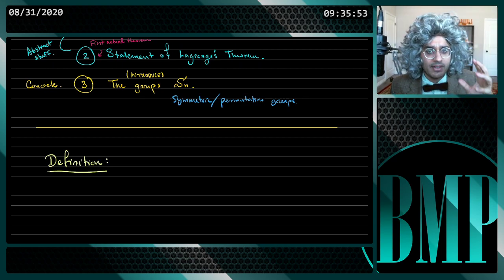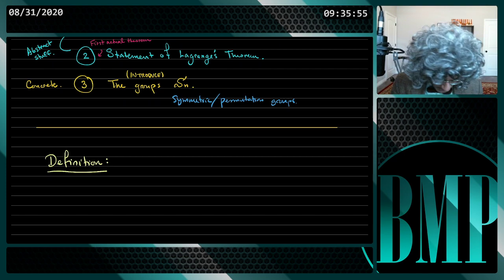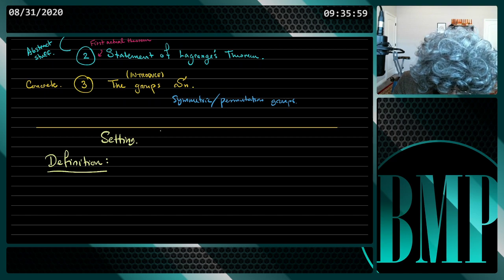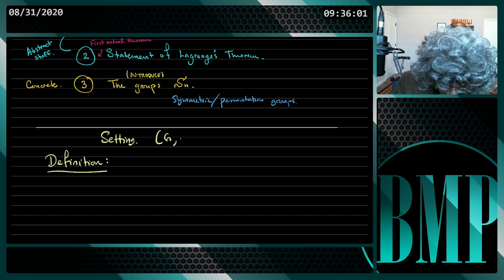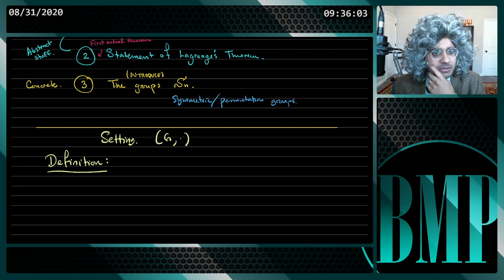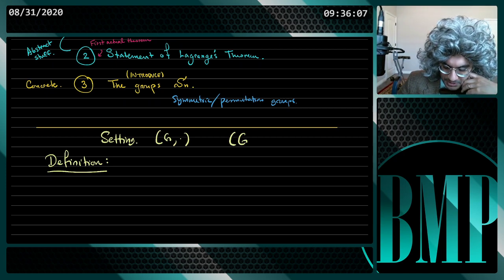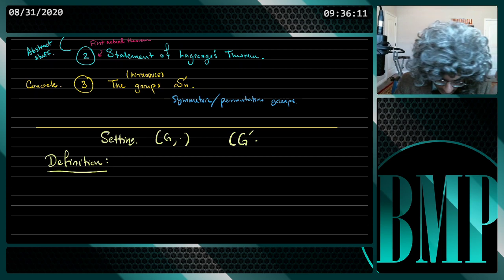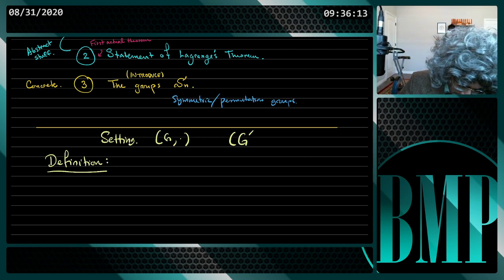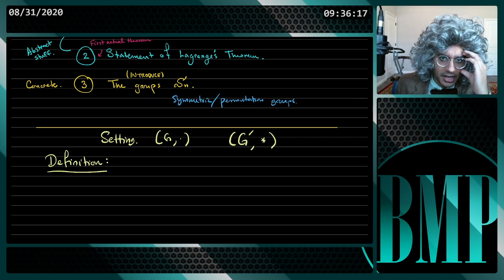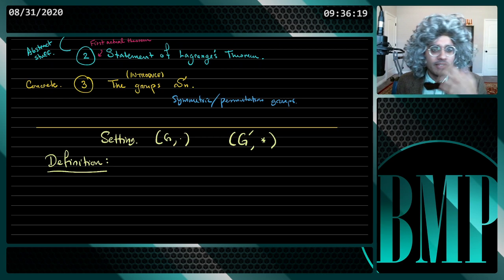Okay, so we have the following setting. Before we have the definition, we have the following setting. We have one group G, and I'm going to denote its multiplication by a dot. And we have another group G prime. Two groups. Oh, and its multiplication is going to be denoted by, let's say, a little asterisk, a little star. Okay? We have two groups.